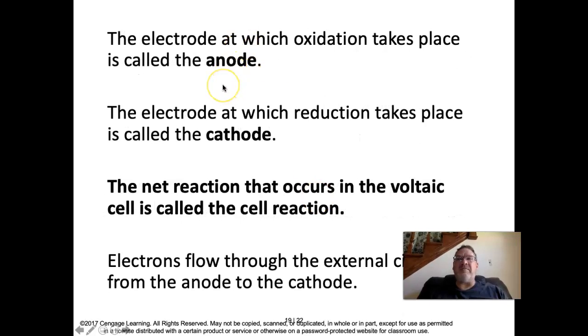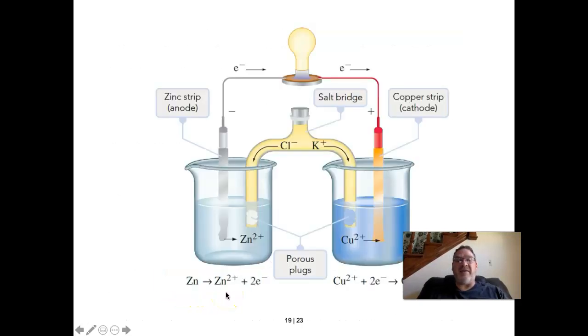And we've got 2 terms that are very important, anode and cathode. Every cell has an anode and a cathode. And this is also important, the flow of the electrons. They move from the anode to the cathode. And here is essentially a schematic of a very simple voltaic cell.